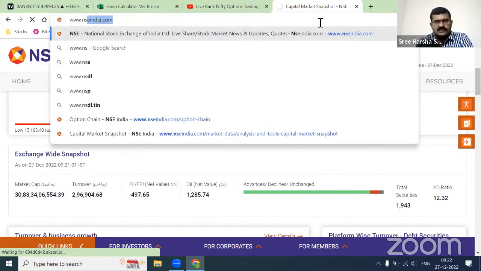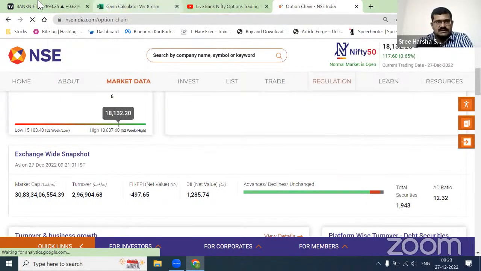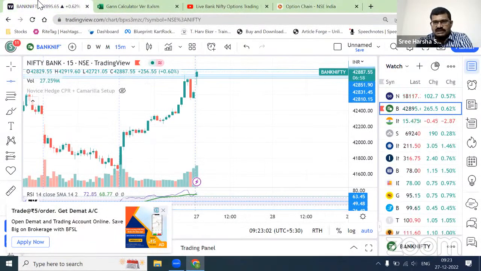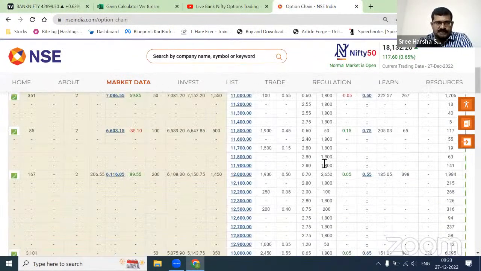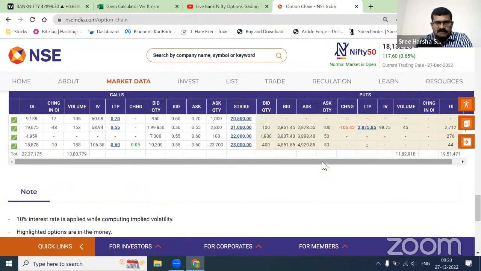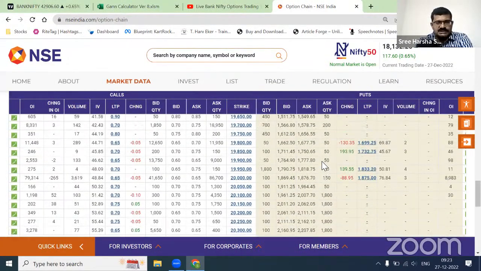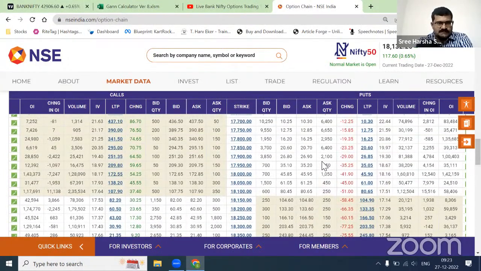Let us look at the option chain also. Market structure is looking extremely strong at this point of time, unlike what was happening earlier. Option chain also is looking okay.